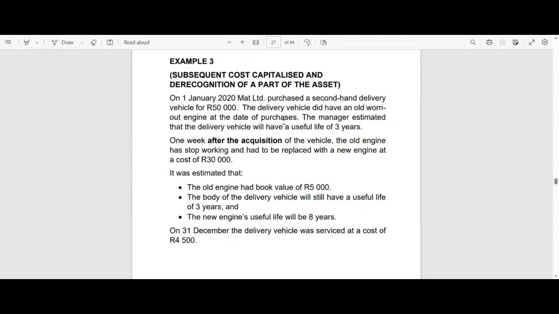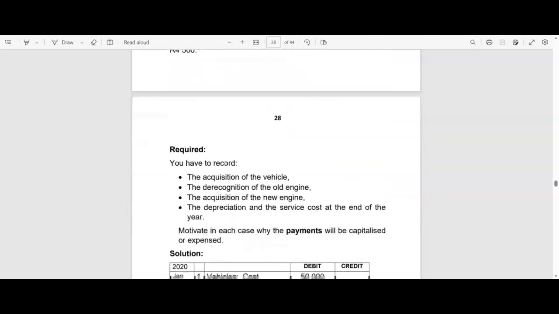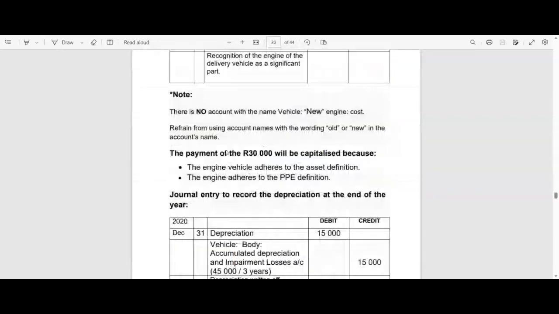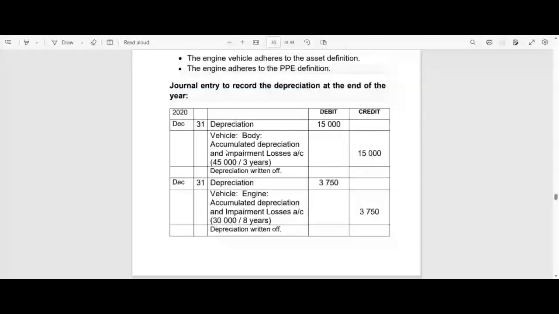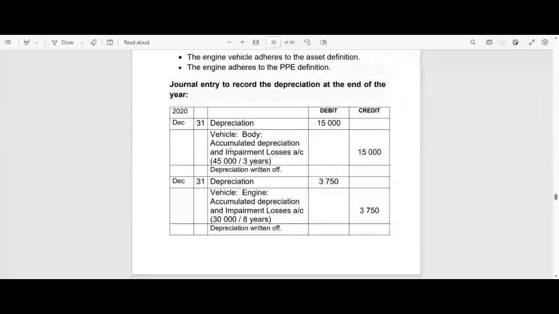And we know that the new balance on the vehicle's body is 45,000, and the new balance on the vehicle engine cost account is 30,000 rands. Right. So now we've got to calculate and record the depreciation. So we'll have to do that separately.